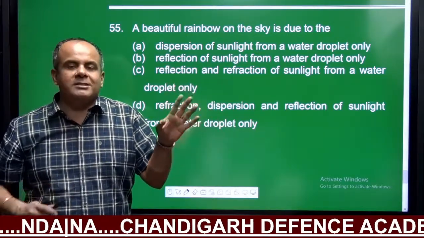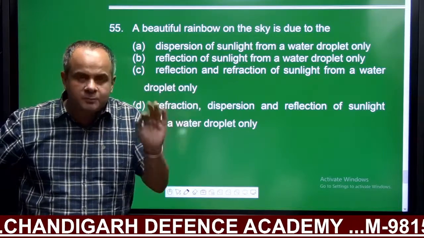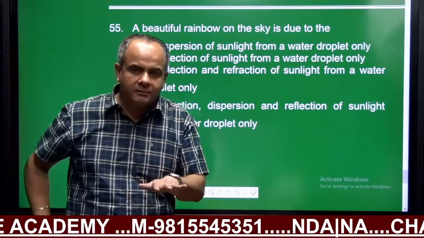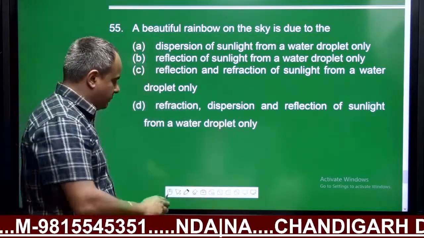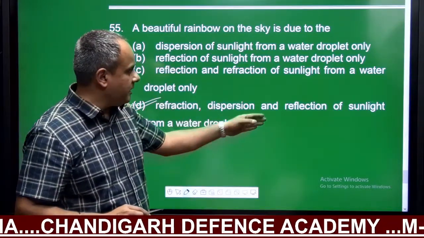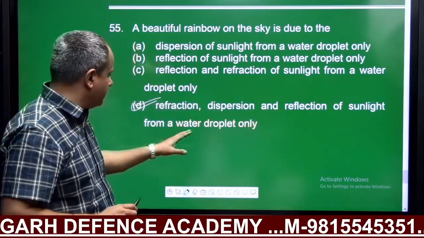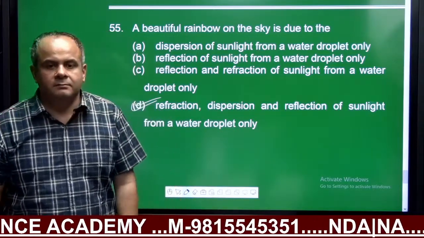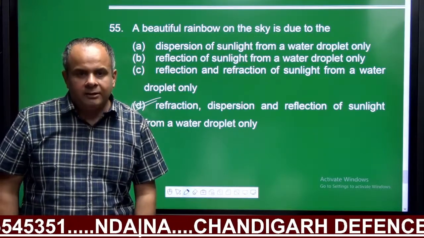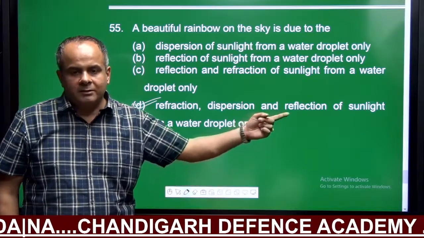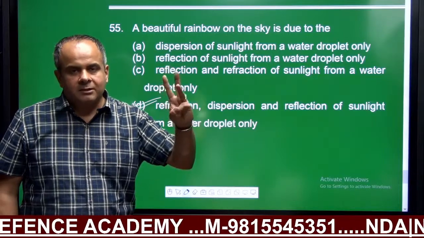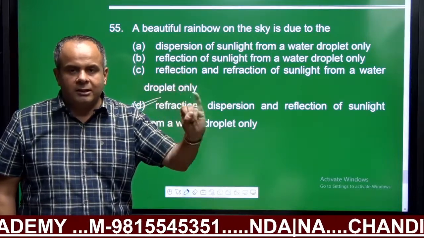सो देयर आर 3 प्रोसेसेस इन्वॉल्व्ड: रिफ्रैक्शन, डिस्पर्शन, एंड देन टोटल इंटरनल रिफ्लेक्शन. Whatever it is taking, it could be reflection according to the answer. So based on that, answer इसका बनेगा choice D. It involves refraction, it involves dispersion, and it also involves reflection of sunlight from a water droplet only. हाँ, इन टोटल इंटरनल रिफ्लेक्शन था, तो मोस्ट ऑप्टिमम आंसर निकालना पड़ेगा. तो मोस्ट ऑप्टिमम आंसर ये बनता है. वाटर रेनबो बनने के लिए 3 प्रोसेसेस आर देयर: refraction, total internal reflection, and dispersion of light.